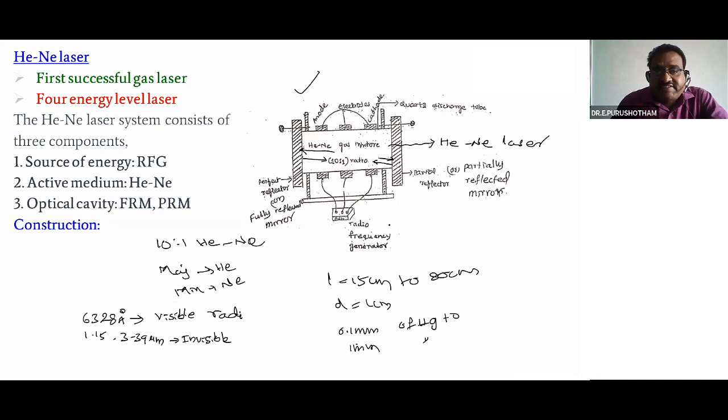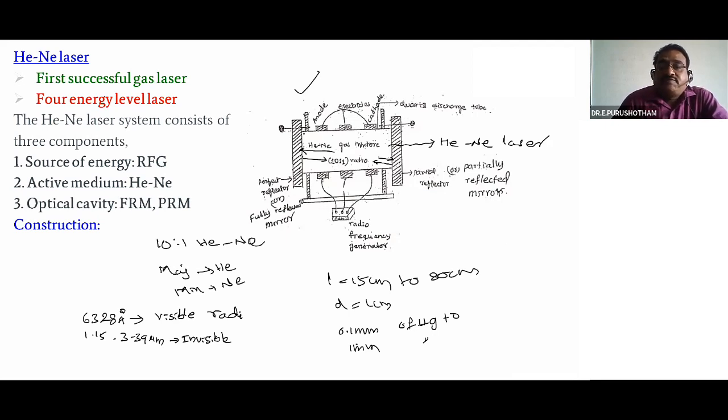The helium neon laser consists of a quartz tube. The length of this quartz tube is 15 centimeters to 80 centimeters, and the diameter is 1 centimeter. It has three electrodes: anode, cathode, and earthing, connected to the radio frequency generator.